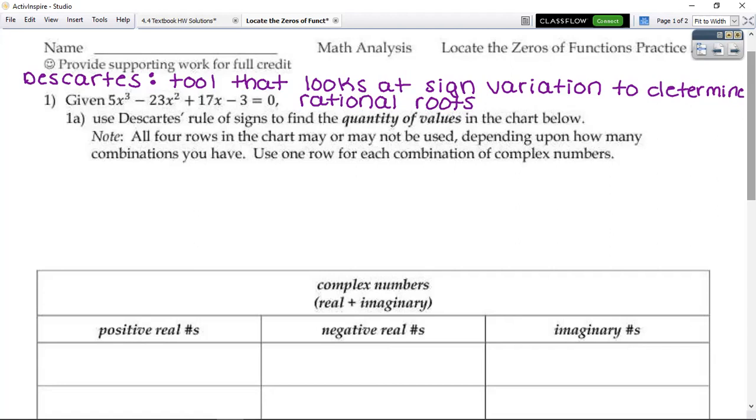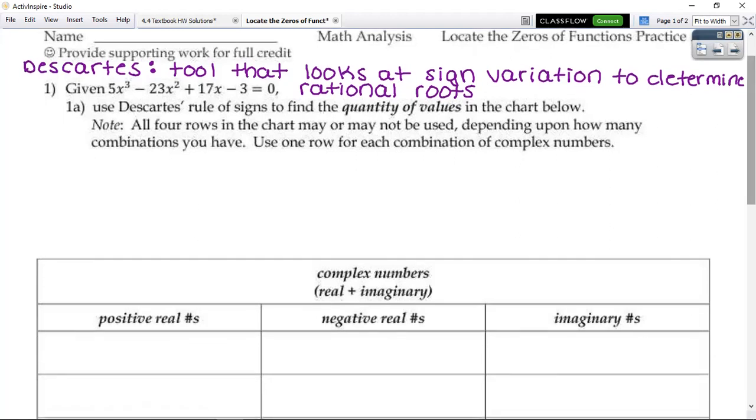So here's what we do with Descartes. I'm going to look at this function here and using just the original first. This is going to tell me my possible real rational roots. So I am looking right now for real and positive. So I'm going to look at sign variation. And what we mean by sign variation is it goes from positive to negative or negative to positive.